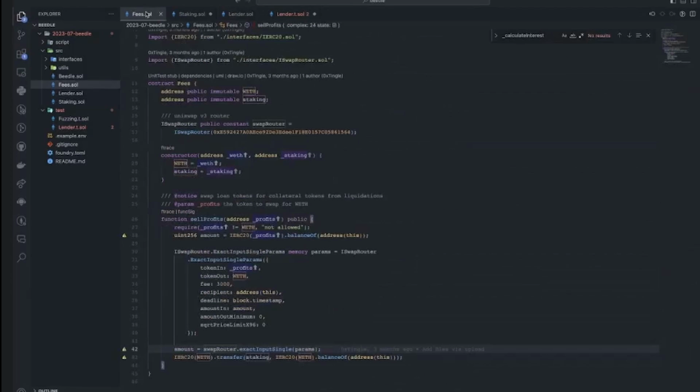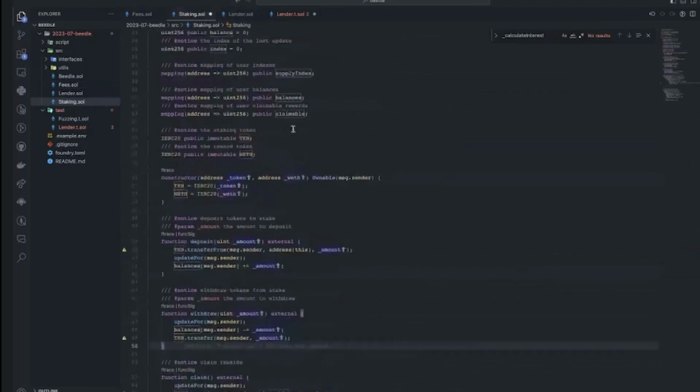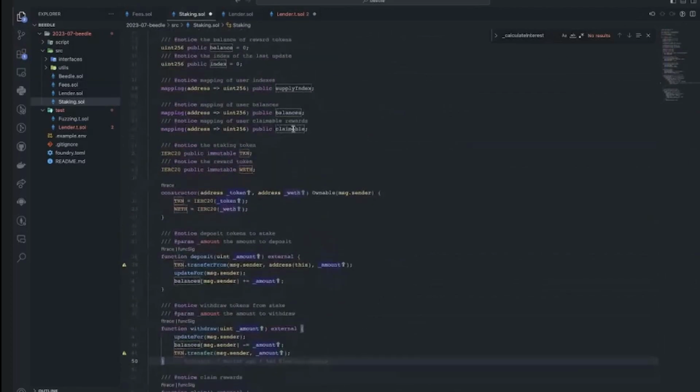So whenever we send tokens to the fee receiver, we're actually sending them to this contract. And we can see that this has no access control.